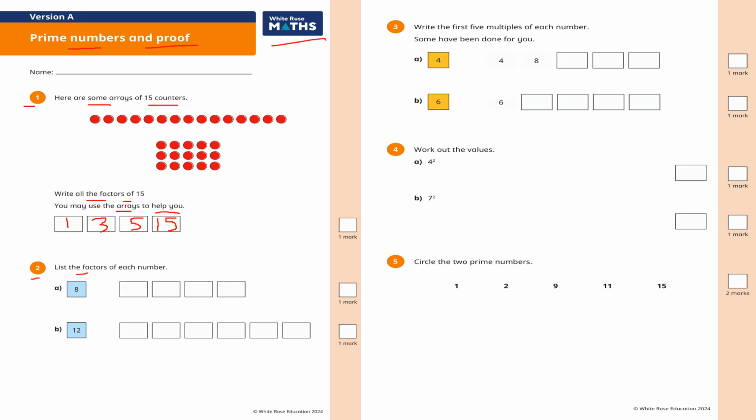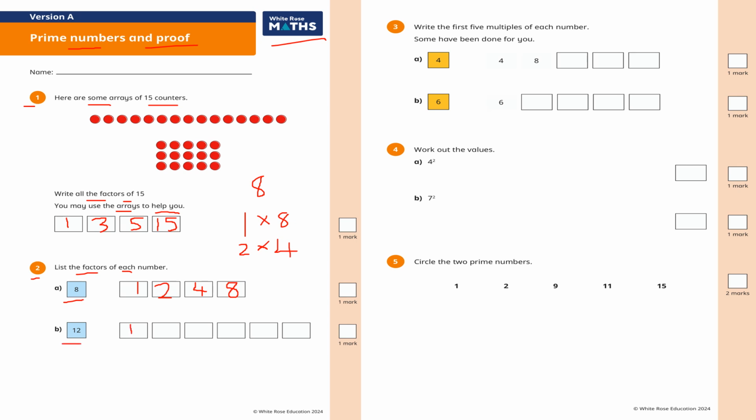Question number 2, list the factors of each number. Part A, 8. So it's an even number. So I'm going to have 1, 2, 4, and 8. If you're unsure, write out 1 times 8 makes 8, and then 2 times 4 makes 8. Part B, factors of 12.